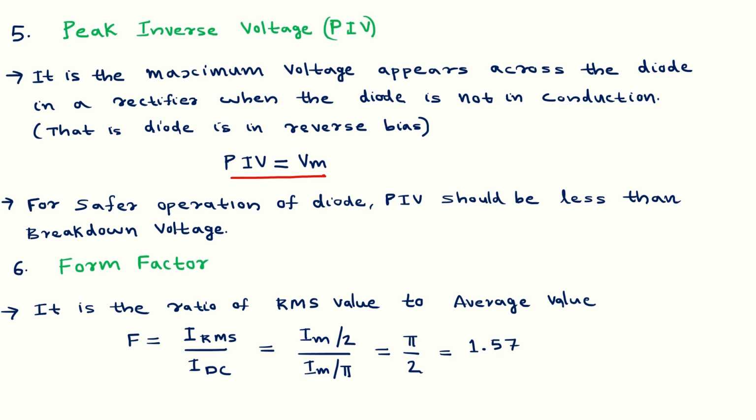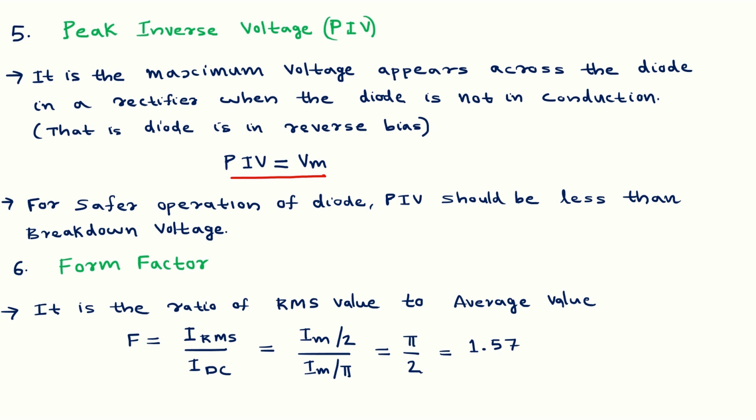For the safer operation of the diode, PIV should be less than the breakdown voltage. Breakdown voltage is a parameter for any electronic component: breakdown voltage of a diode, of a transistor, of a Zener diode, like that. Breakdown voltage is the maximum voltage up to which the device can withstand. Consider a situation where it is stated that this diode has a breakdown voltage of 10 volt.